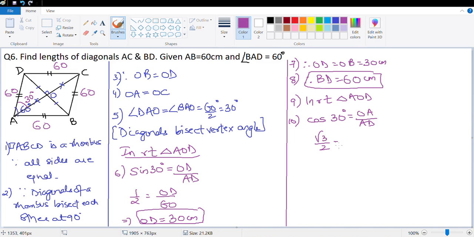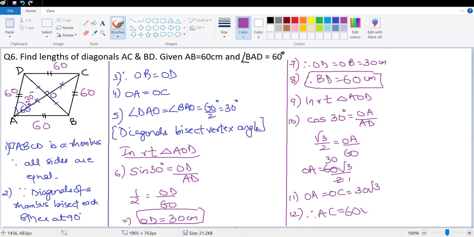So root 3 upon 2 is equal to OA upon 60, which means OA is equal to 60 root 3 upon 2, which is 30 root 3, which means OA is equal to OC is equal to 30 root 3. Therefore AC is equal to 2 times 30 root 3, which is 60 root 3 centimeter.